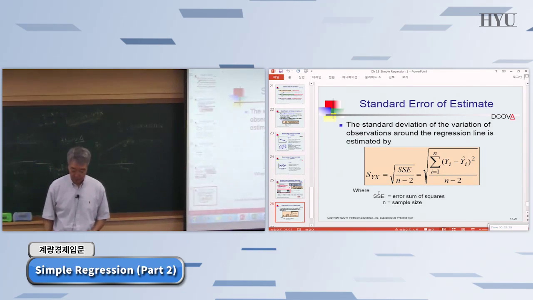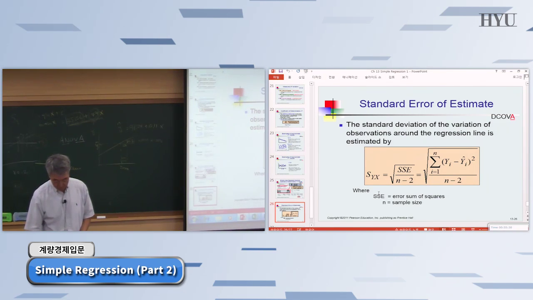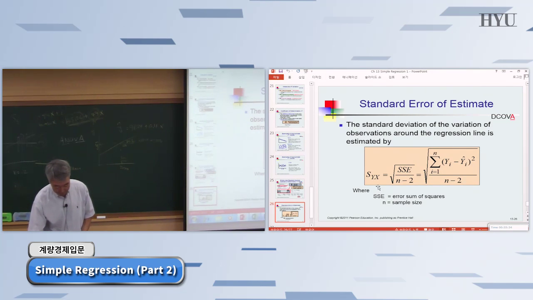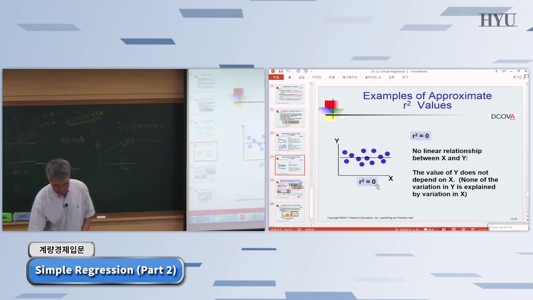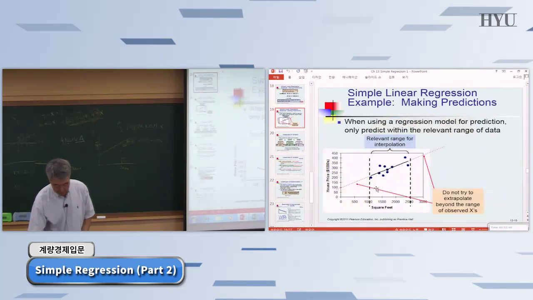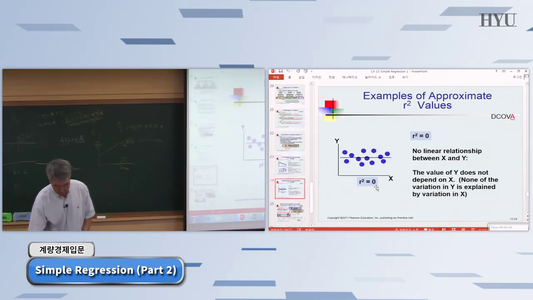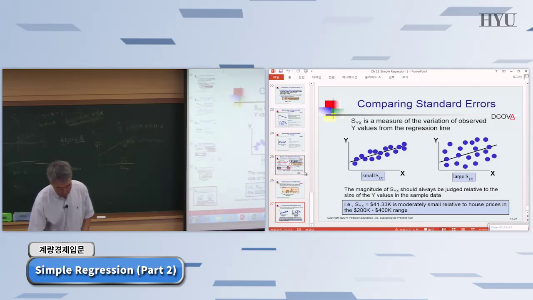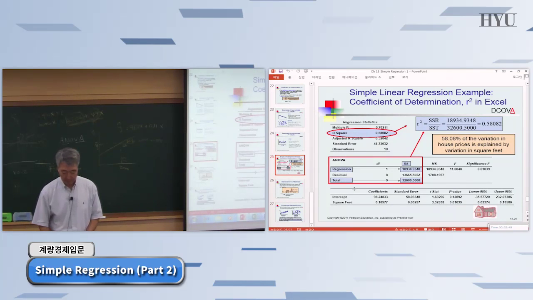I guess I need to give you some explanation about this degrees of freedom thing. If you were in my class last semester, I gave you some idea. Okay, where's that printout? Here. You see degrees of freedom here?